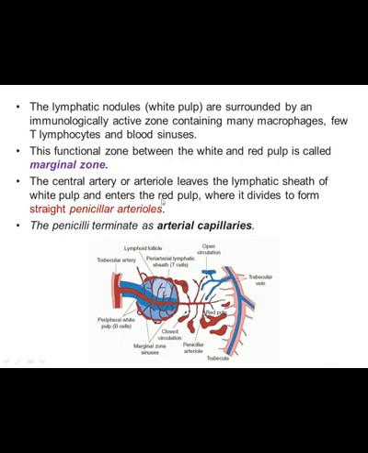The central artery or arteriole leaves the lymphatic sheath of white pulp and enters the red pulp, where it divides to form straight penicillar arterioles. These are straight penicillar arterioles. The penicillar arterioles terminate as arterial capillaries.